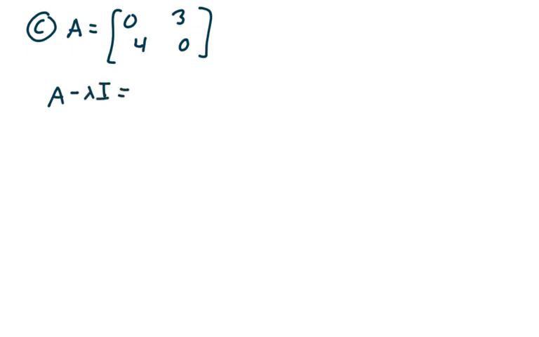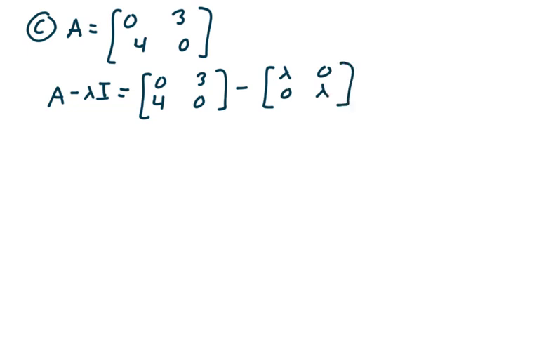Let's take a look at C. Suppose A is the matrix [0, 3; 4, 0]. And then A minus lambda I is the matrix [0, 3; 4, 0] minus the matrix [lambda, 0; 0, lambda].